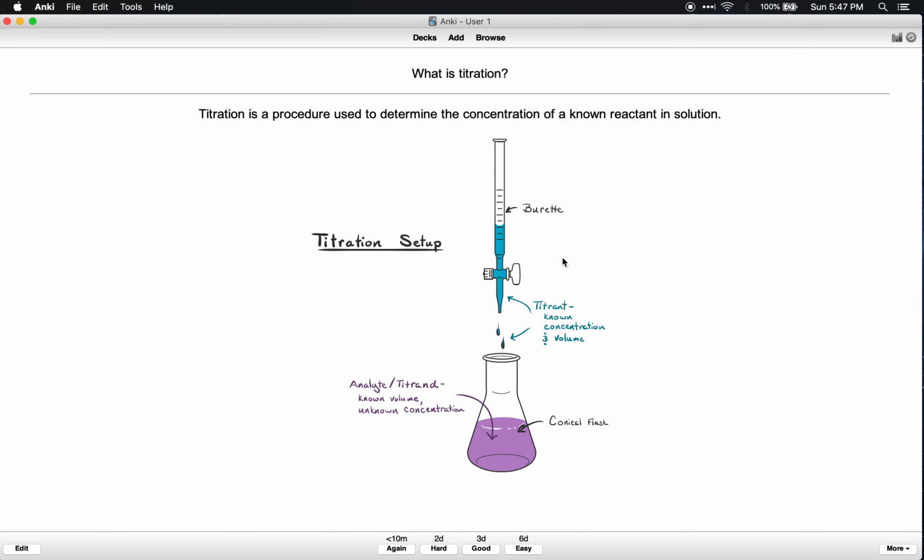What is titration? Your basic titration is where you have the titrant in the burette, and for the titrant you know the moles, the concentration and the volume, while for the titrand you only know the volume but don't know the concentration.